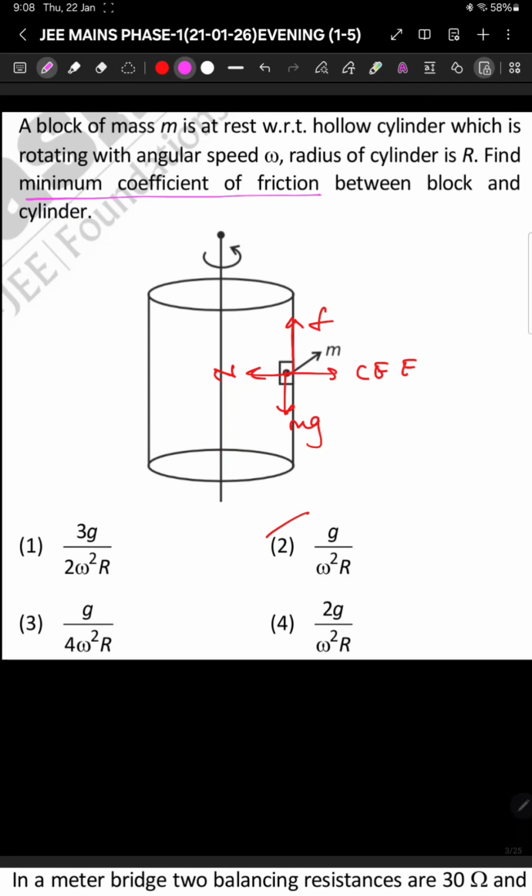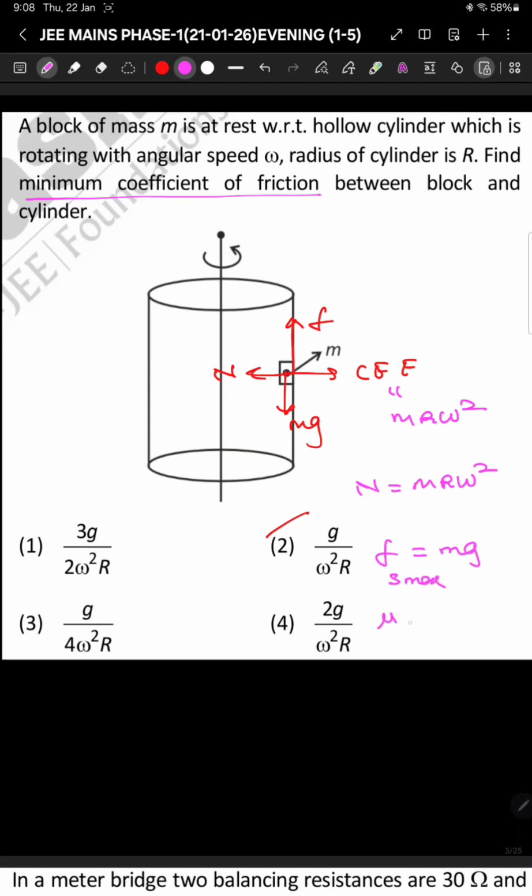Now let us balance both of them. The centrifugal force formula will be m r omega square, where radius is mentioned as r. So equating, we got N as m r omega square, and friction is balanced with mg. If it is ready to slip, this becomes Fs max.